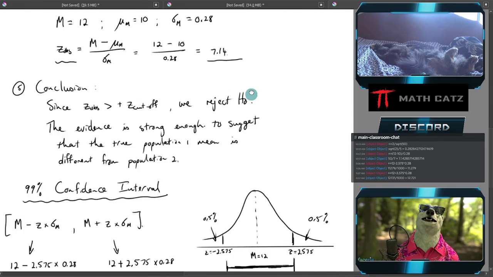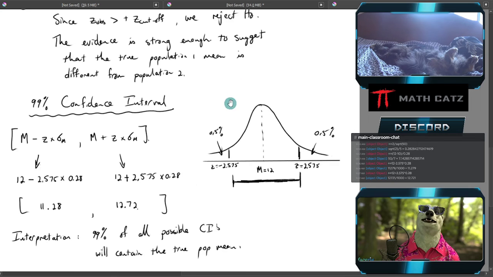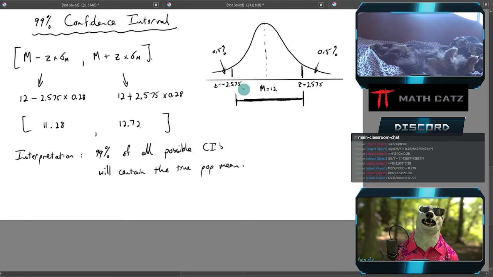Then an alternative approach, which essentially does the same as hypothesis testing, your conclusions will match because you're using the same confidence level, is to construct an interval around our observed sample mean in an attempt to, quote unquote, capture the true population mean.